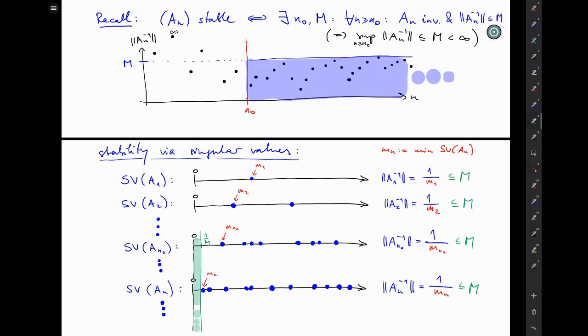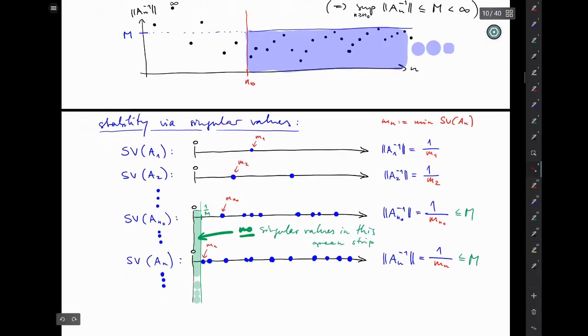So this means no singular values in this unbounded green strip here. So we can drop this condition on the first few n. It only has to hold for sufficiently large n, which means after a certain n0.